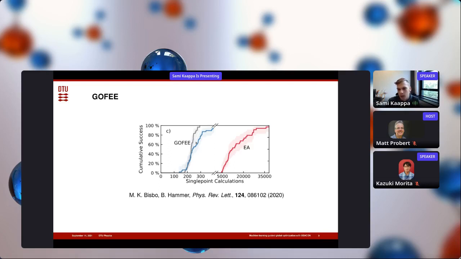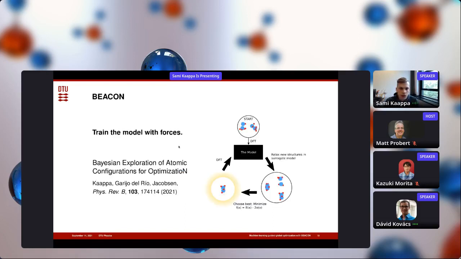So you read this curve so that you want this to be as far left as possible, and so close to the 0 point in the x-axis. And GOFEE was basically my starting point where I started my project, but the essential difference here is that we train the model also with forces.